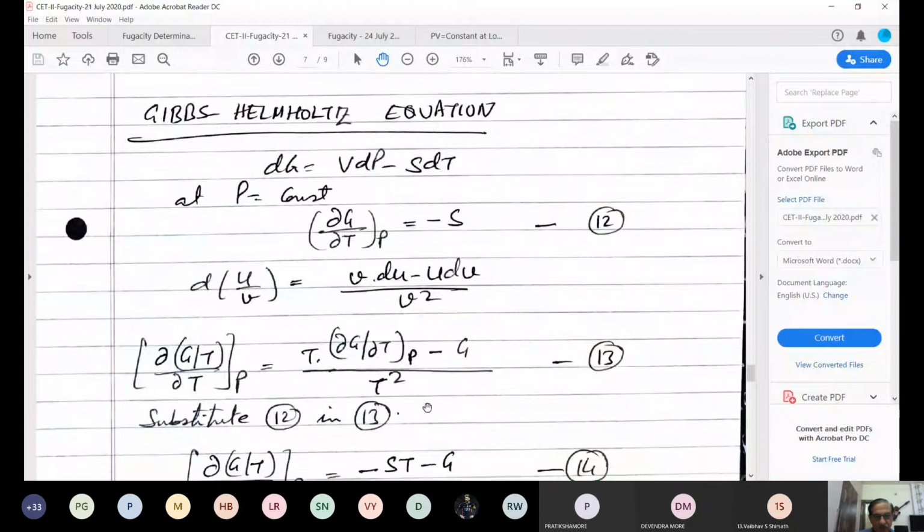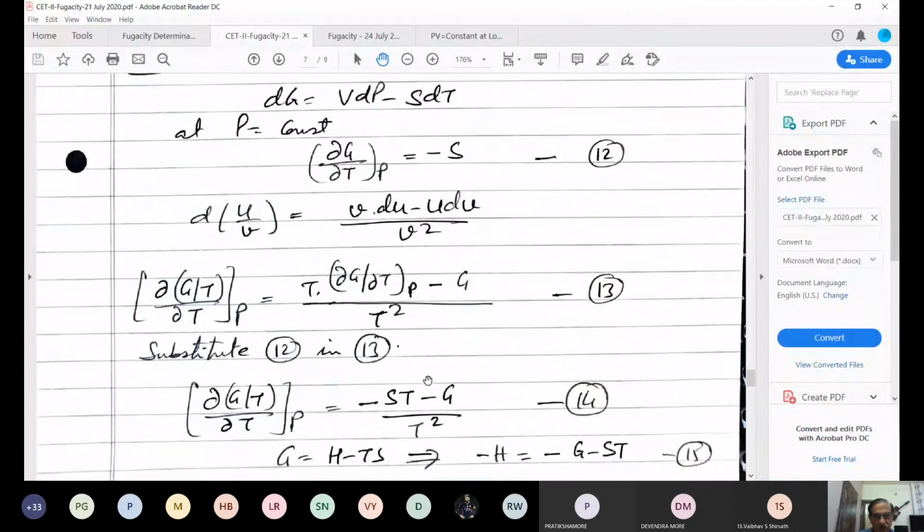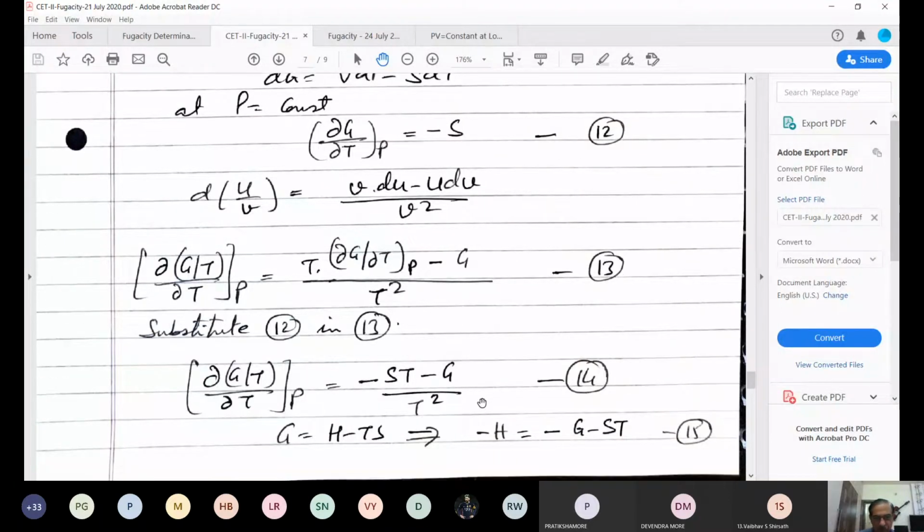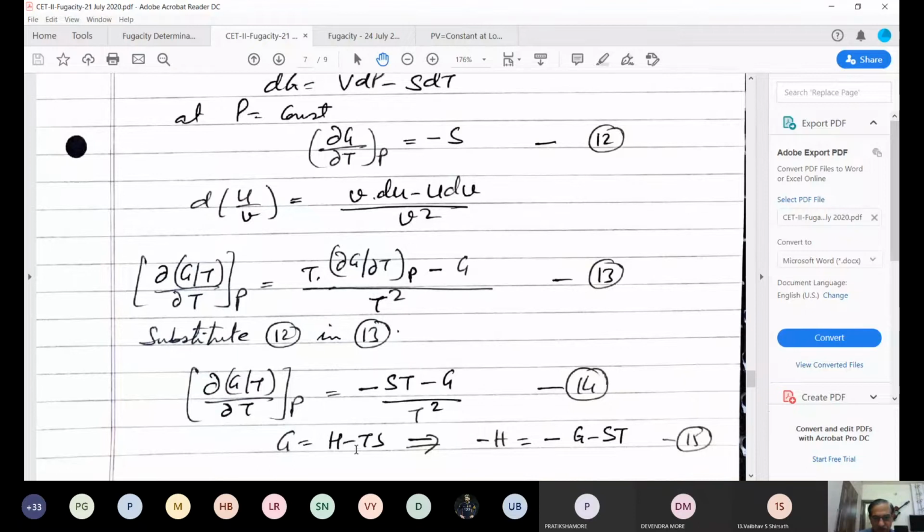ठीक है. So if you substitute for this ∂G/∂T at constant pressure, that is minus S, what you'll get is minus ST minus G by T square. And we know that G is equal to H minus TS.